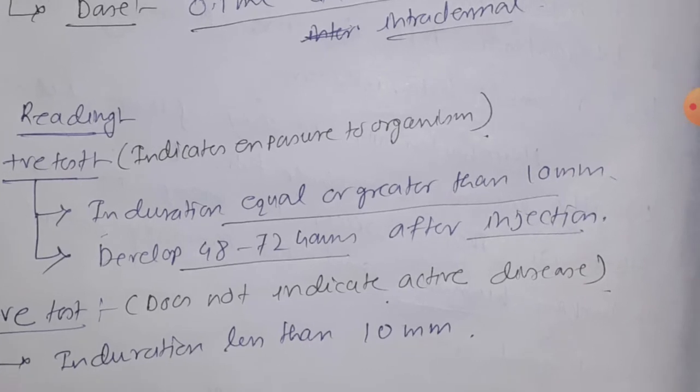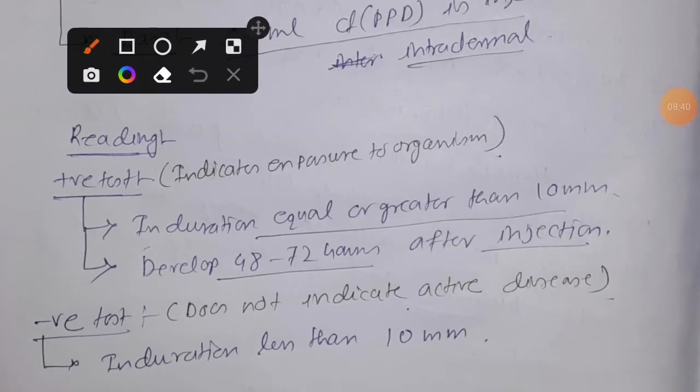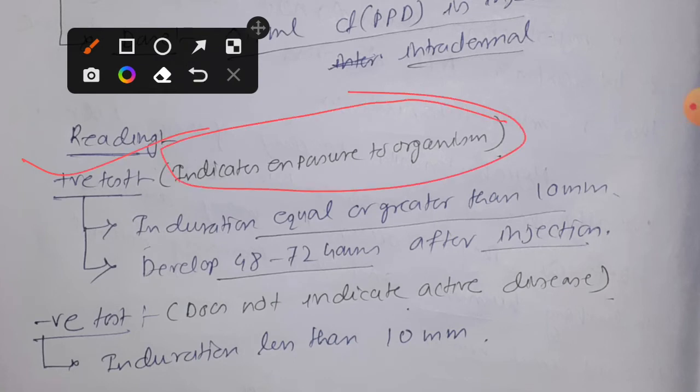Before interpretation, let's talk about readings. A positive test indicates exposure to the organism. As I have told you, delayed type hypersensitivity takes about 2 days to show its action, so our induration will develop 48 to 72 hours after injection.